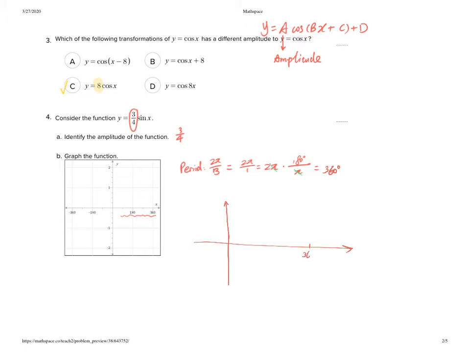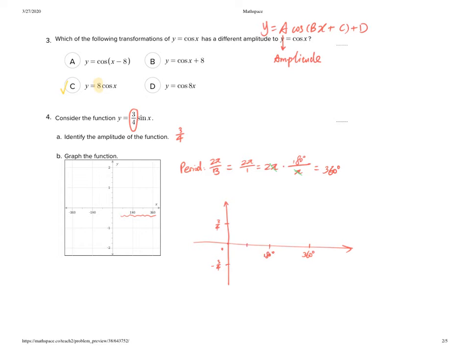We put the period on the x-axis and the amplitude on the y-axis. Now we cut the period into 4 parts. First, what is the midpoint between 0 and 360? 0 plus 360 divided by 2 is 180.